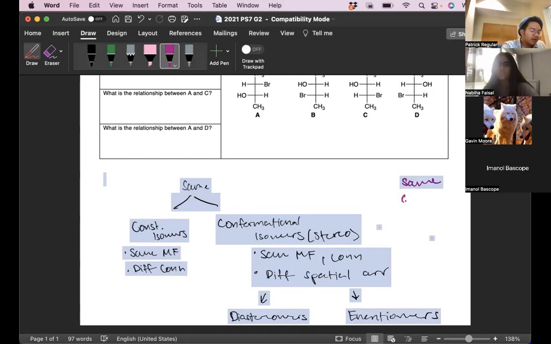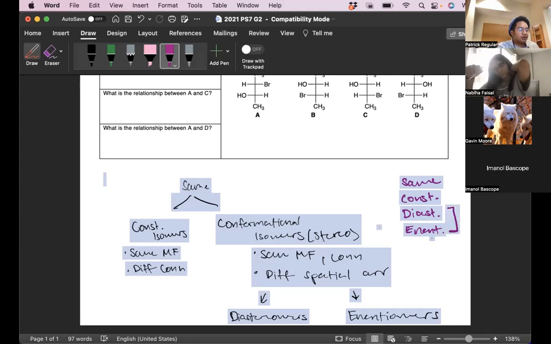So they'd be the same, constitutional isomers, diastereomers, or enantiomers. If you've seen the past tests, if you look at the test 2 segment materials, there should be pages that give you practice on that. The main thing is differentiating diastereomers versus enantiomers, and then I guess the same as well.